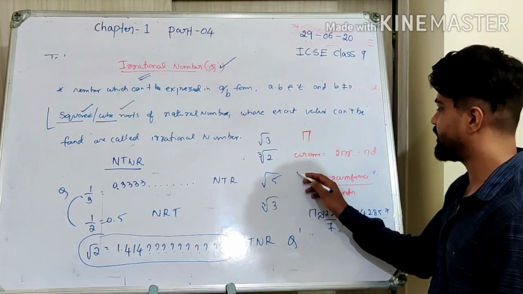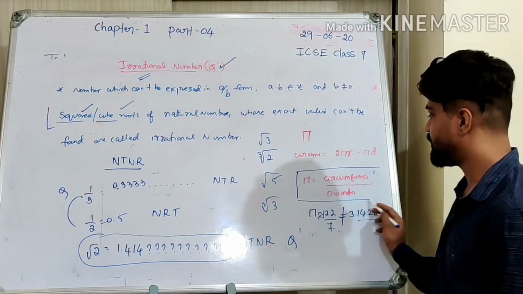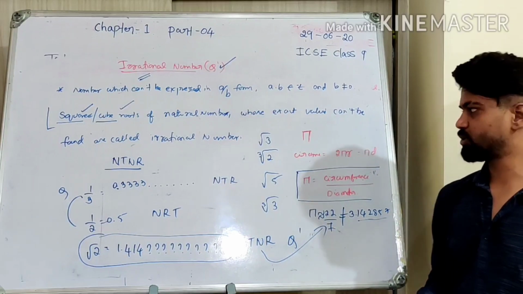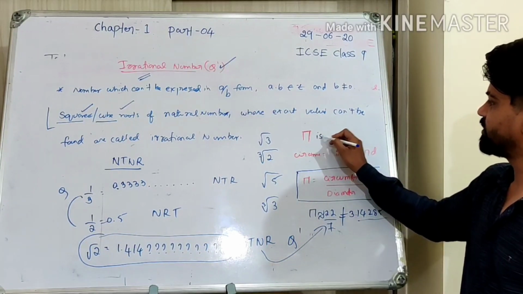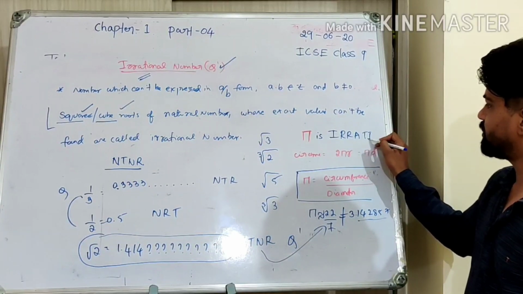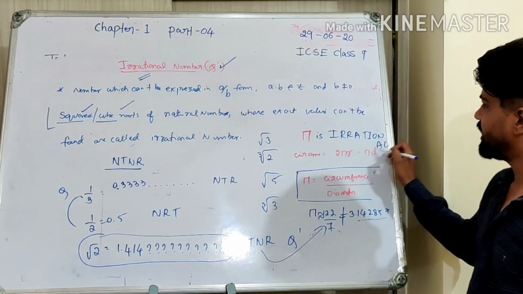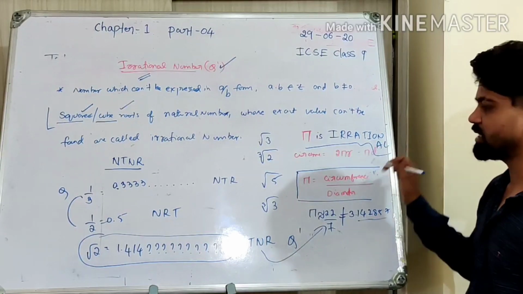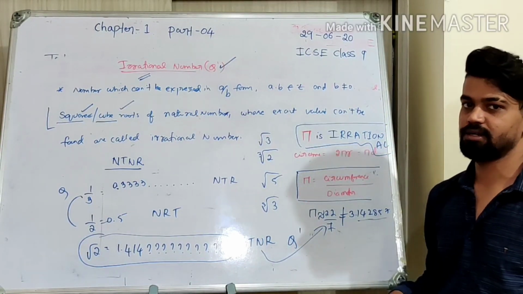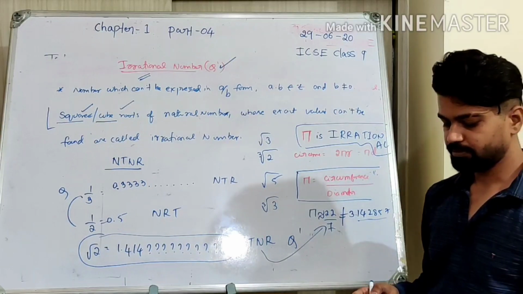Pi is something nobody can fully understand. Pi also comes under non-terminating, non-recurring decimals. So pi is irrational. Remember this. Most people forget this part and make a lot of mistakes in future classes. So register this in your mind: pi is an irrational number.